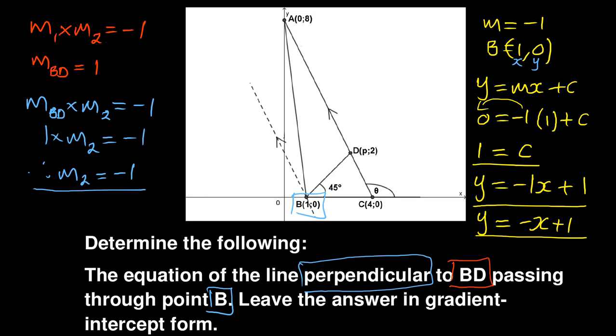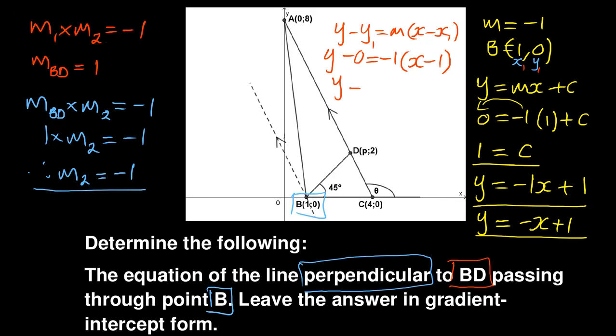And as I said, you can choose to use this formula y minus y1 is equal to m times x minus x1. And then in this case, you choose now to say this is my x1 and my y1. So you've got y minus 0 is equal to m, which is -1, times x minus x1, which is 1.